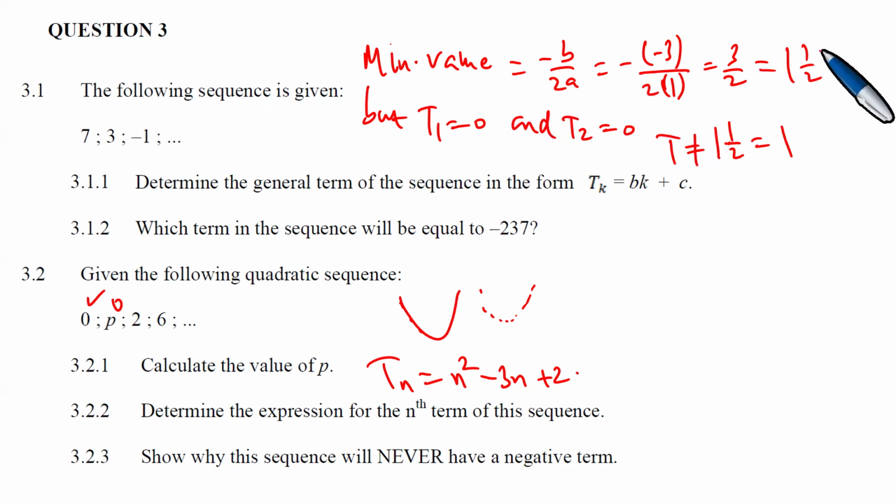This is like the value of n. So this is telling us that the value of n is 1.5.